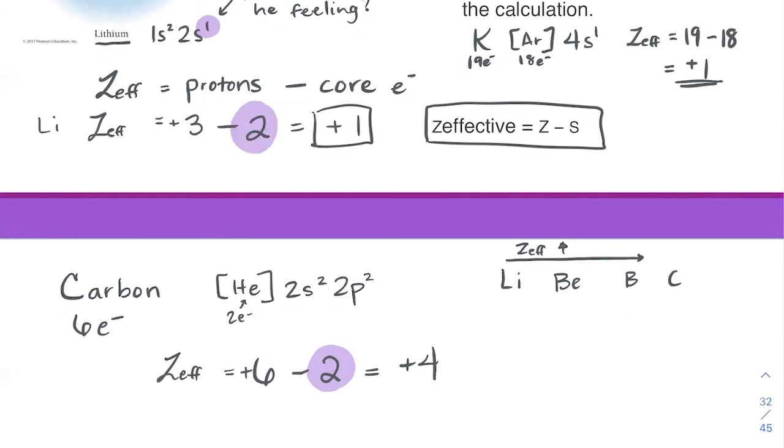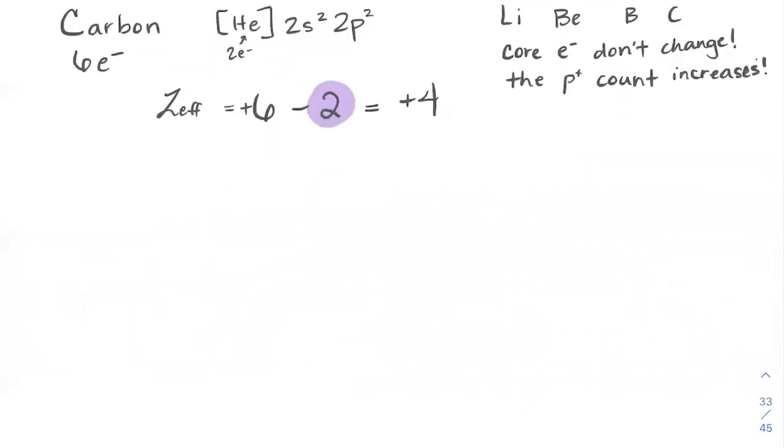As we move from left to right on the periodic table, the core electrons don't change. But what does change? The proton count. The proton count increases, and therefore the Z effective is increasing.